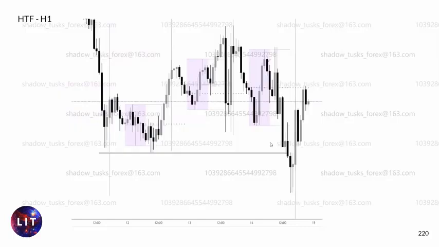And that's this. So this is the H1 time frame. As you can see, we have built liquidity here through equal lows and here. Again, they're not perfect equal lows, but they're relative equal lows. And then you see we come down and we vector through it all.